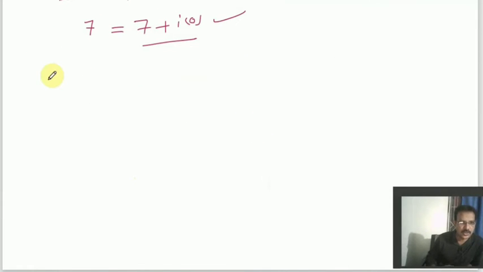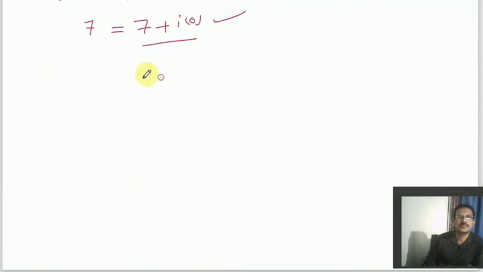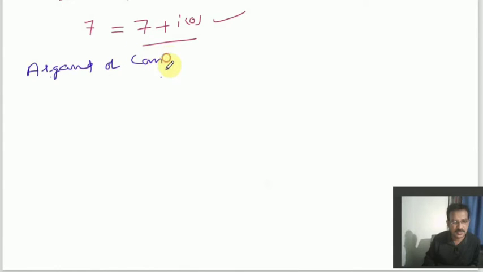Next, our concept is the Argand plane, or complex plane.